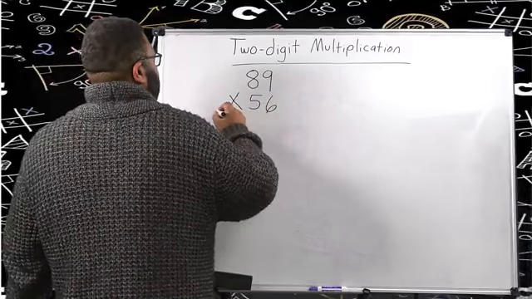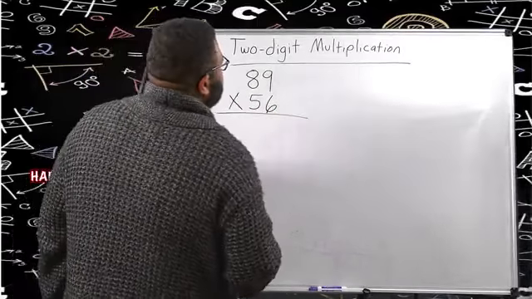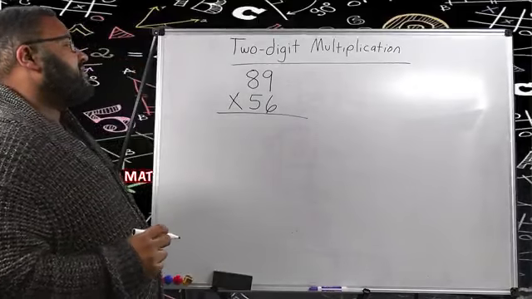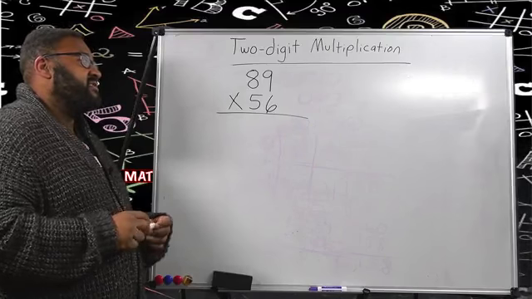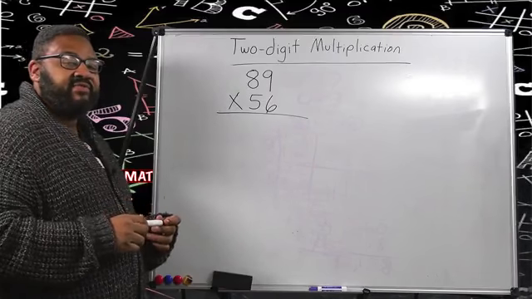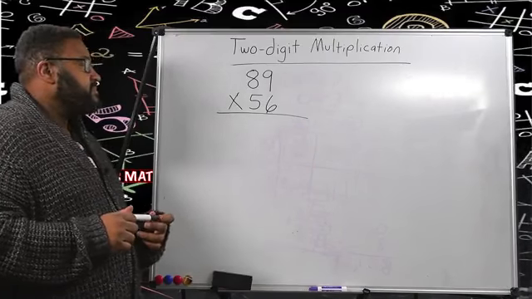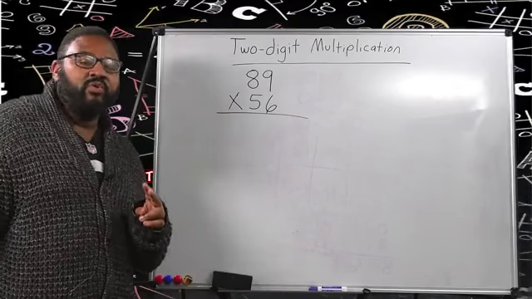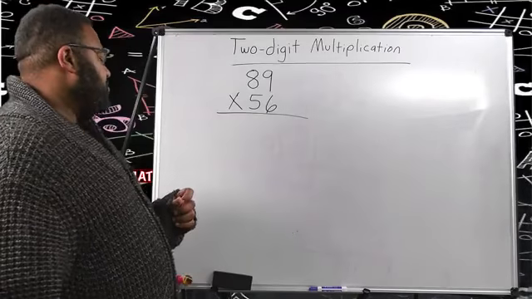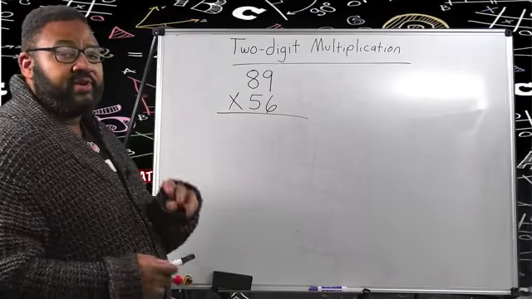Write this down for me, please. 89 times 56. Okay, and this time, since it's a 2-digit by 2-digit, I'm going to do all 3 again.